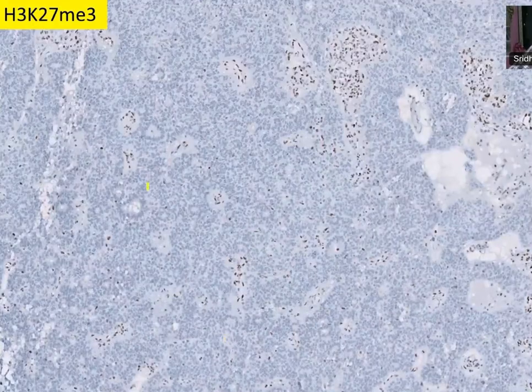This is H3K27me3. How will you interpret this? Loss of expression. So what does it tell us? An ependymal tumor of posterior fossa origin, PFA. No, it is not specific for origin. Let me tell you one thing. H3K27me3 is a marker you use in thalamic midline glioma also. So only when you make the diagnosis of ependymoma in the posterior fossa do you need to apply H3K27me3.